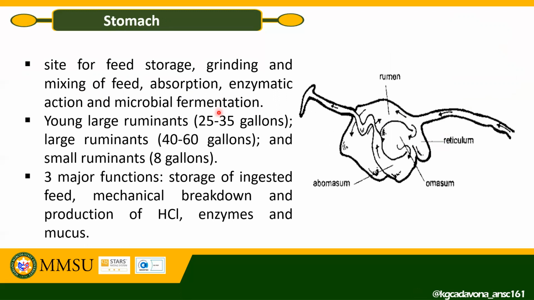And about the size of the compartments ng stomach ng mga animals na to, usually for the young large ruminants or yung mga calf, their stomach can accommodate around 25 to 35 gallons of substances. For the large ruminants naman, it can accommodate around 40 to 60 gallons. And for the small ruminants, they can accommodate 8 gallons.